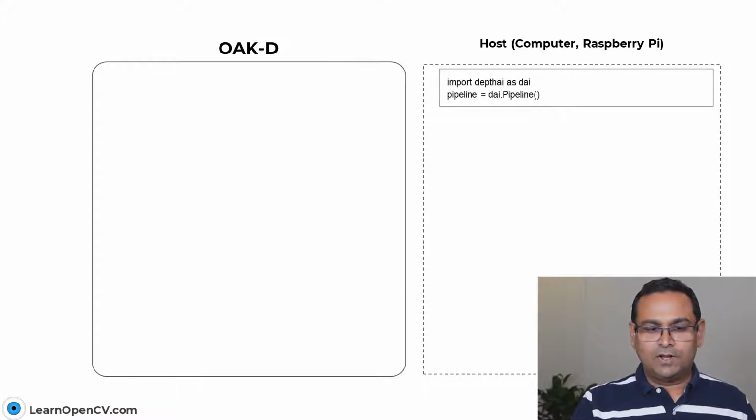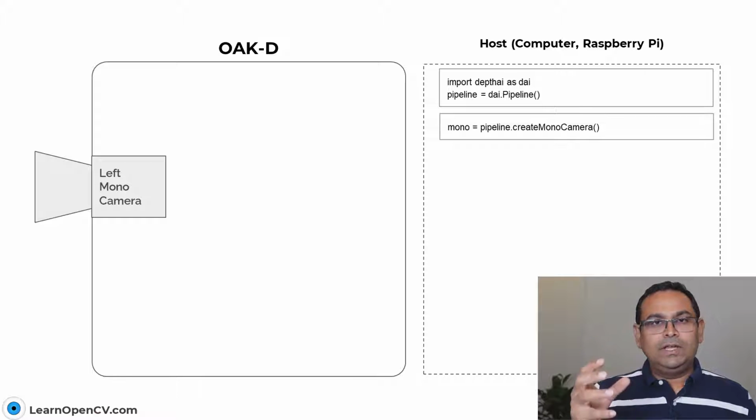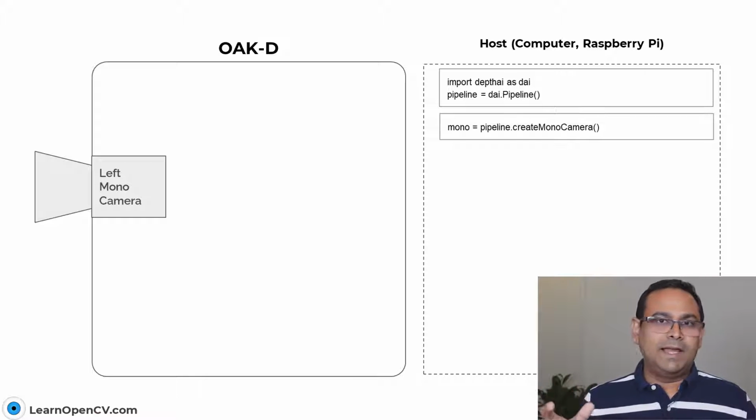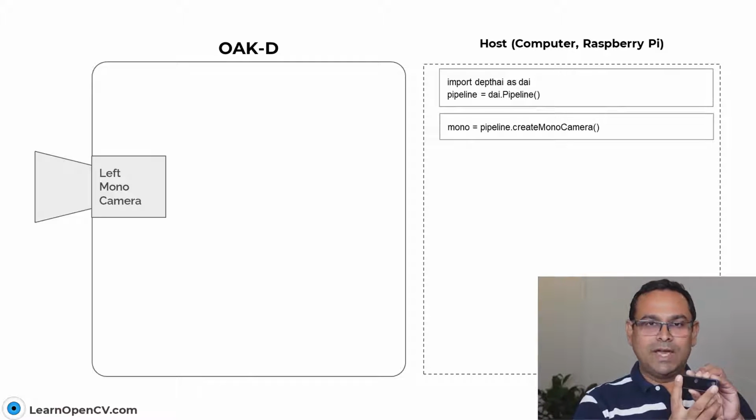So let's move on. We do mono = pipeline.create(dai.node.MonoCamera). A mono camera is one of these two cameras. So we have the right mono camera and we have the left mono camera, and we have a center RGB camera. In this demo, we are just going to deal with the left and the right mono cameras.